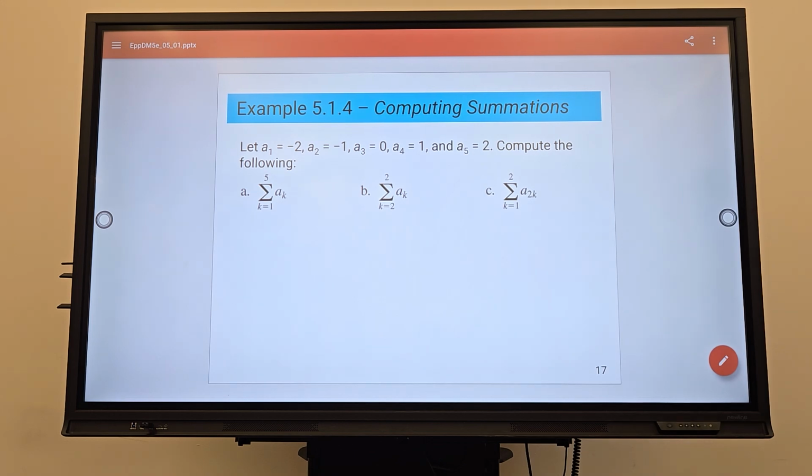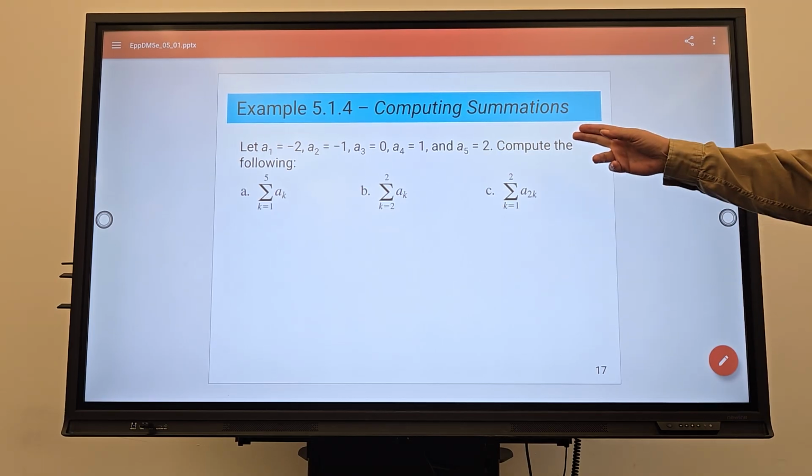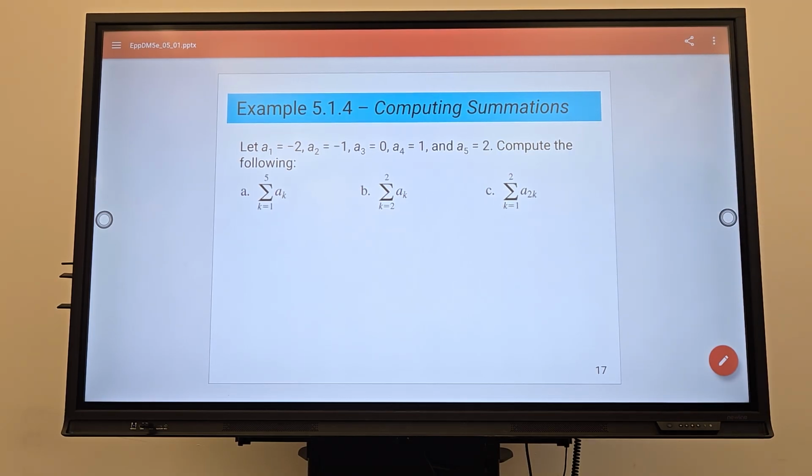So let this sequence equal these values. Compute the summation of a sub k from 1 to 5. It'd be negative 2 plus negative 1 plus 0 plus 1 plus 2, which would be 0.